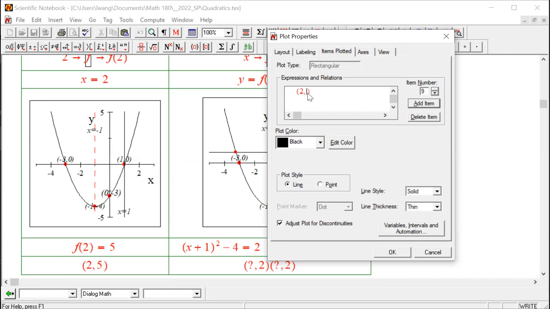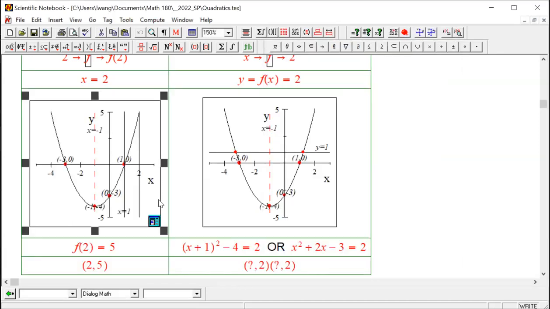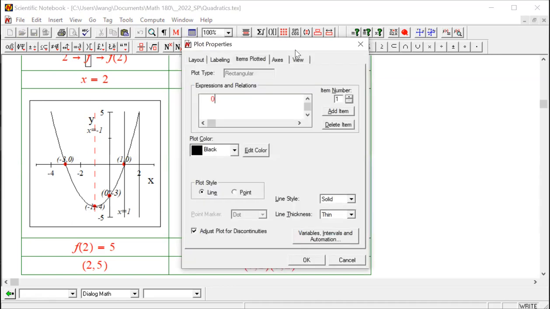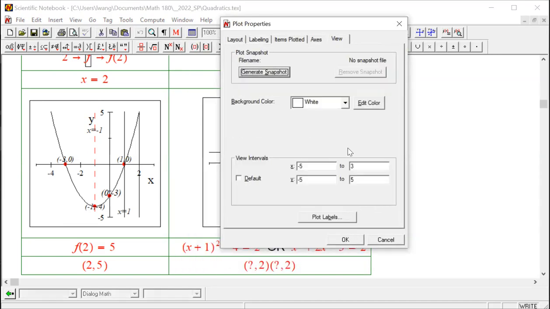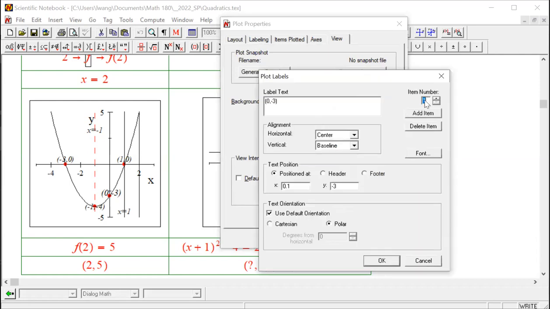Okay, vertical line. There we go. X equals 2, and I can even mark it. It gets a little crowded. So that's X equals 2.